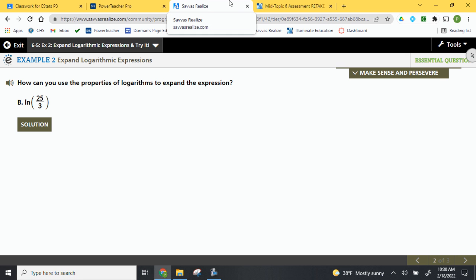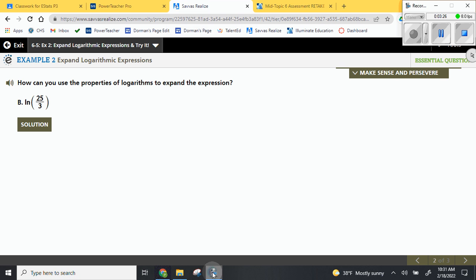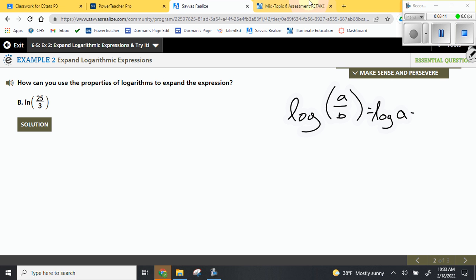All right, let's check out another example. Here we go. So this one, I'm going to use the quotient property. That tells me that if I have some log base whatever of a over b, I can write that as log of a minus log of b.